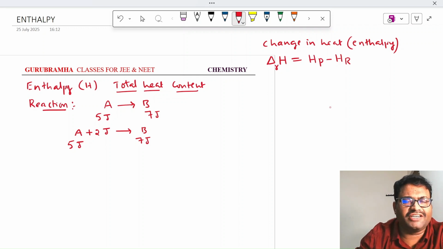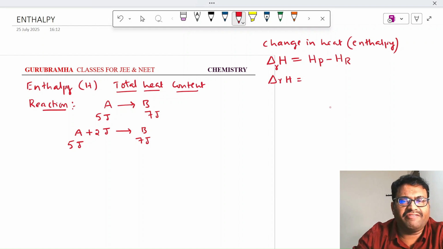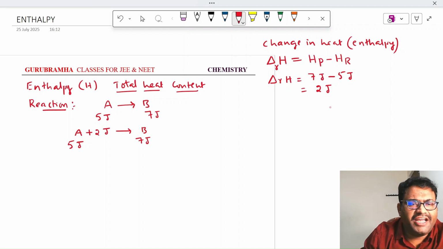Now for this reaction, the enthalpy of the reaction is equal to the enthalpy of products, B having 7 joules, minus the reactant, A having 5 joules. Total it is 2 joules of energy. That means reactant A absorbed some energy and converted into B, and B is having more energy.